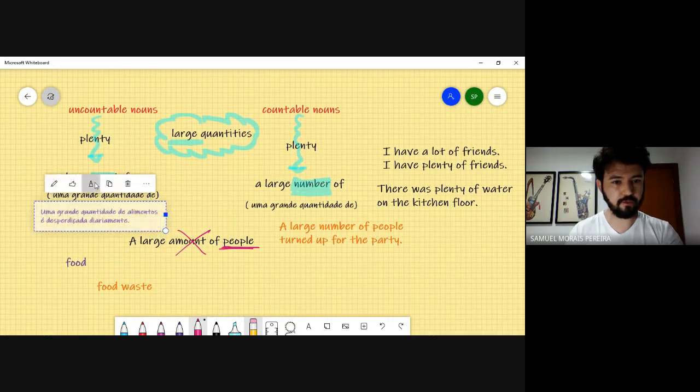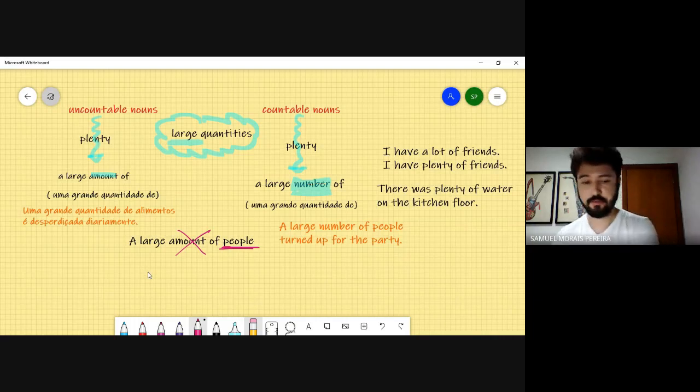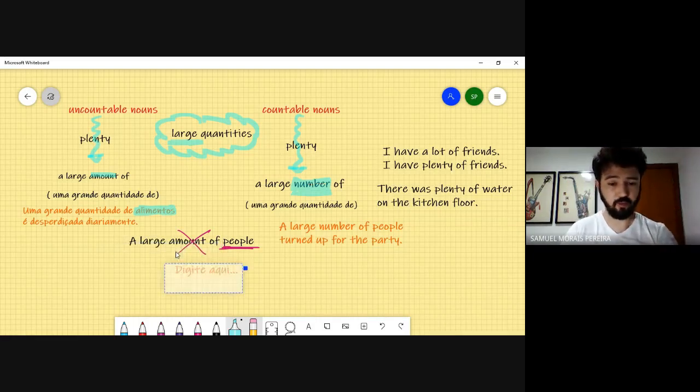Pay attention to the word that comes after the expression, okay? So you have here uma grande quantidade de quê? De alimentos. When you think about the word alimentos in Portuguese, you can see that in Portuguese, the word alimento can be used in the plural.